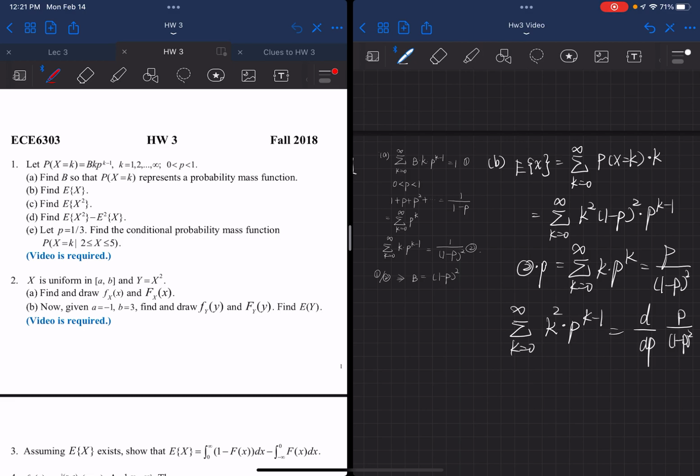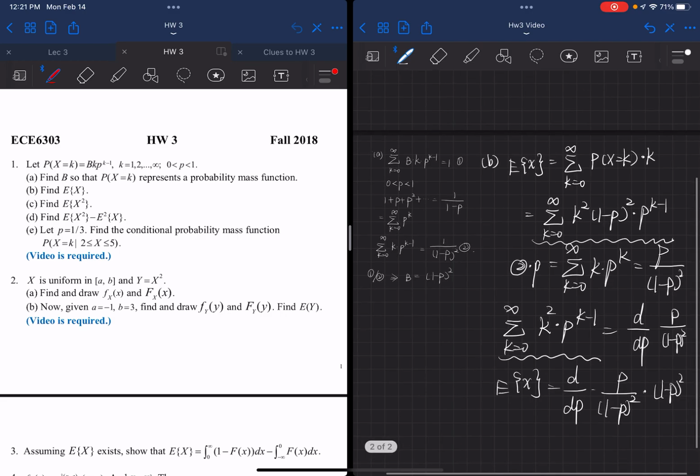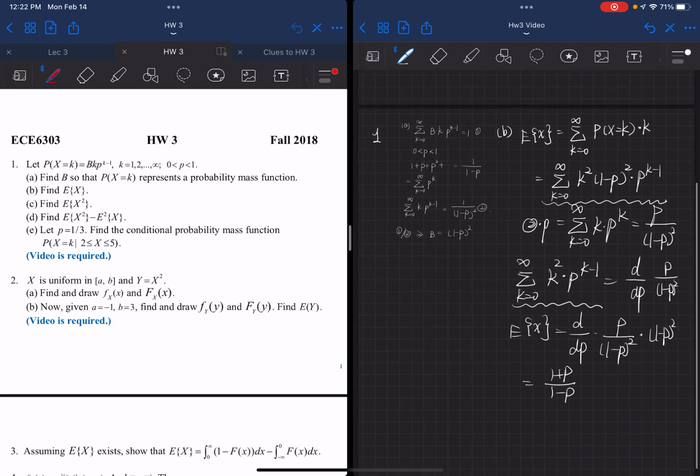Comparing this formula and this formula, we know that the expected value of X should equal the derivative of p divided by 1 minus p to the power of 2, times 1 minus p to the power of 2, and after calculation we get the expected value of X equals 1 plus p divided by 1 minus p, and this is the expected value of X.